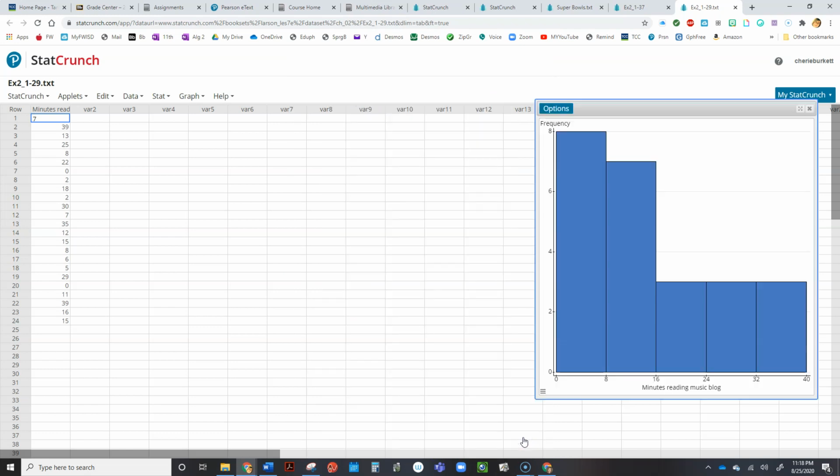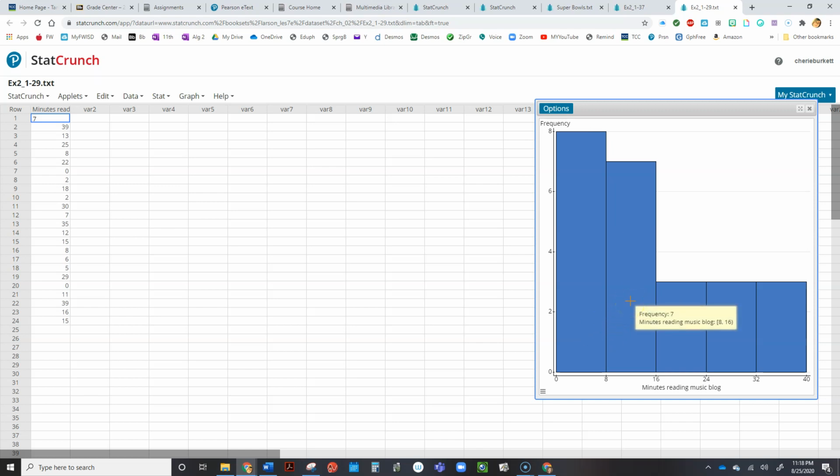0, 8, compute. So here's your frequency distribution. You would make a table and you would say from 0 to 7. You see why I'm only going to 7? Because this says go up to 8, but don't include 8. So that means it really stopped at 7. So go from 0 to 7, and your frequency would be 8.